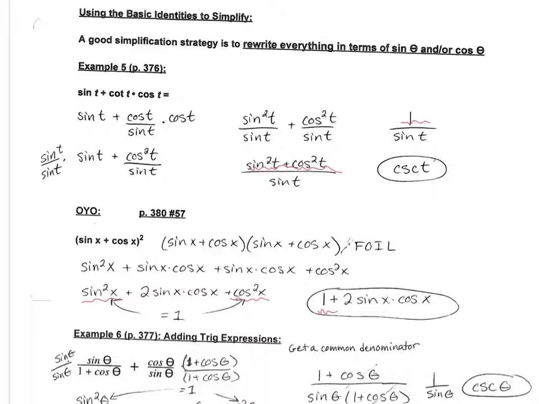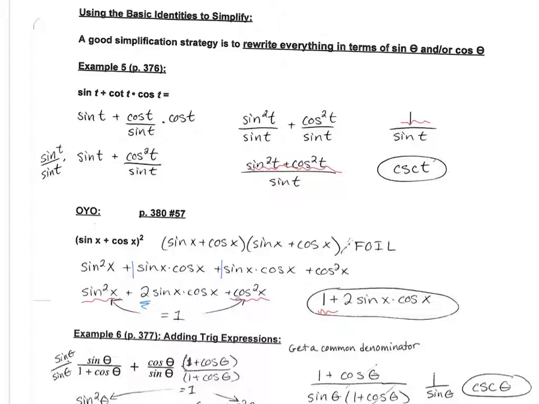So instead of 1 sine times cosine x plus another 1 sine of x times cosine x, we actually get 2 of those same expressions. And so our simplified answer finally is 1 from the sine squared plus cosine squared plus 2 times sine of x times cosine x. Okay?